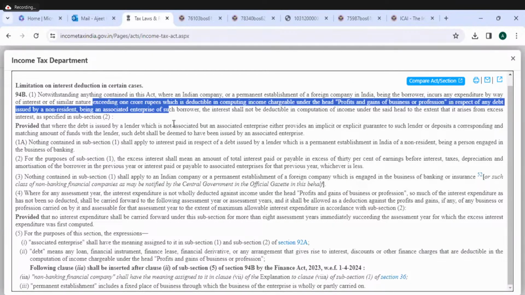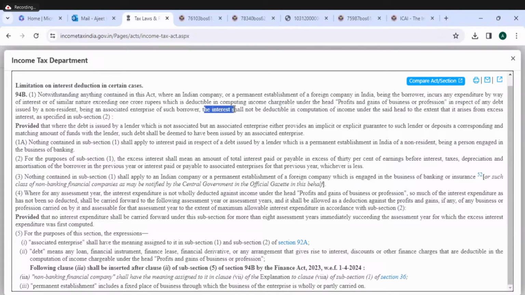It says the interest which we are talking about, that an Indian company or PE of a foreign company is incurring, that interest shall not be deductible in computing income under the head PGBP to the extent that it arises from the excess interest. Now we will see what is excess interest.